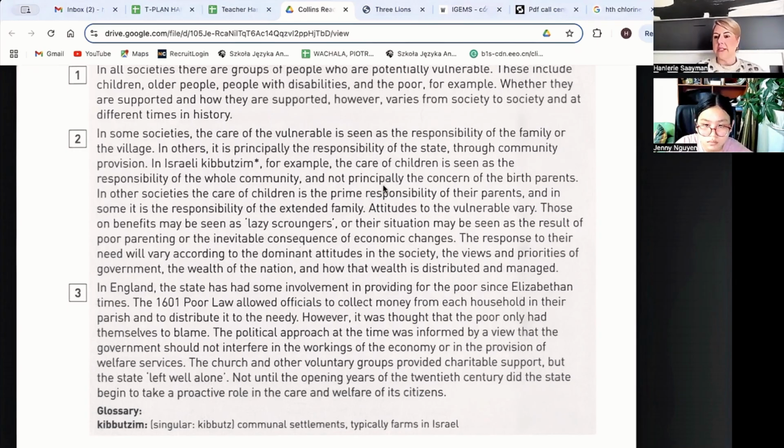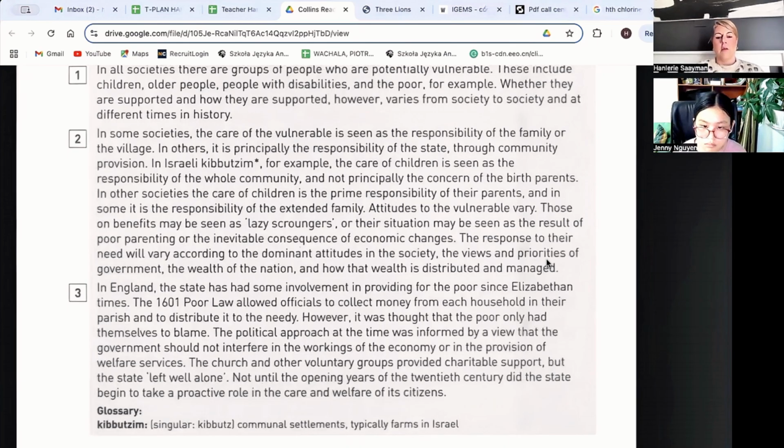So how would you summarize this in one sentence? So it means that the care of the children may also lie with the society as well, and also lead to the responsibility of the parents.